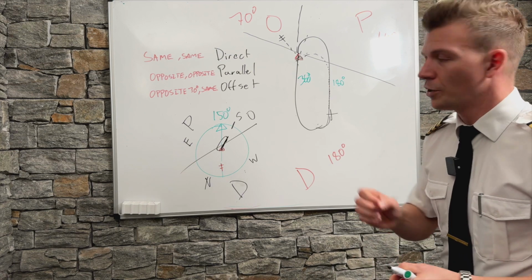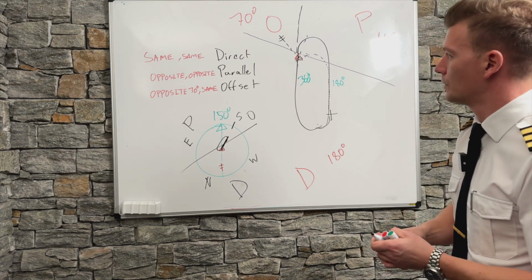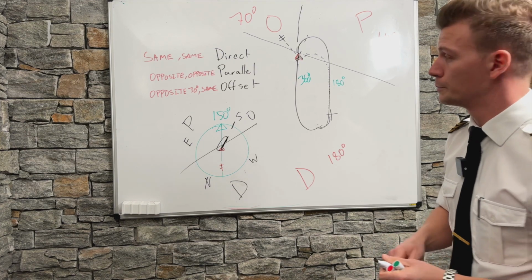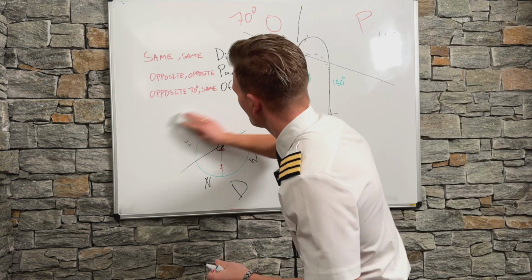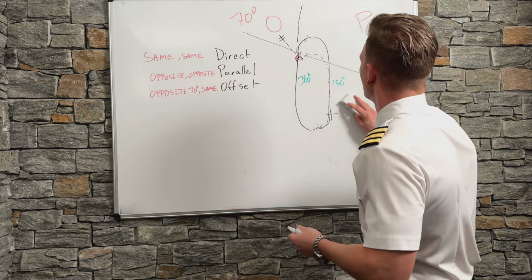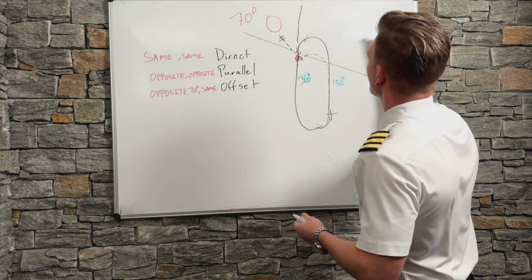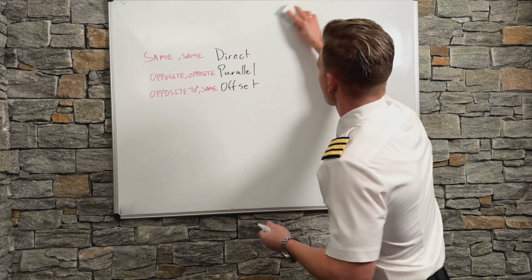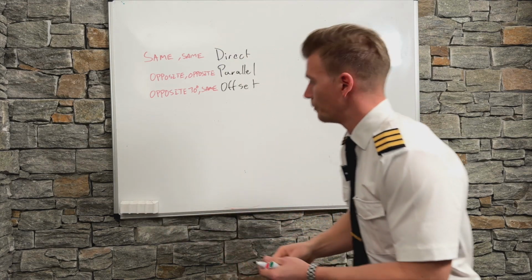So let's take one more example of hold entries when there's a non-standard hold. We're going to use the same procedure. Let's just draw it all over again.